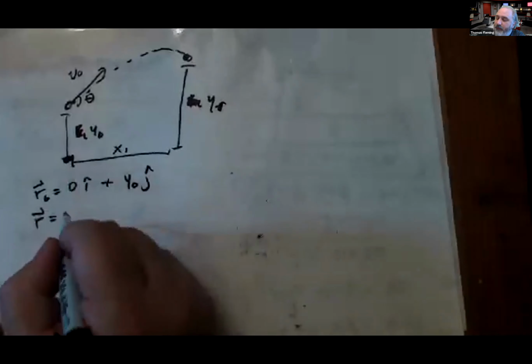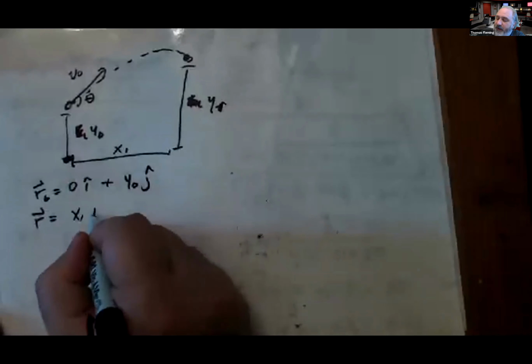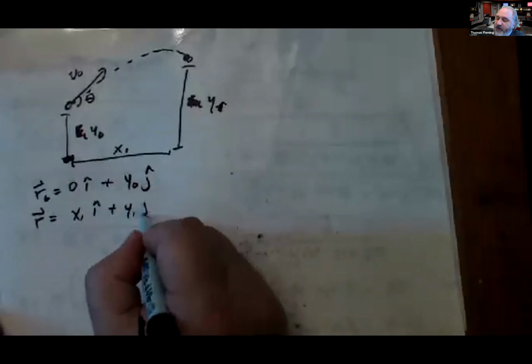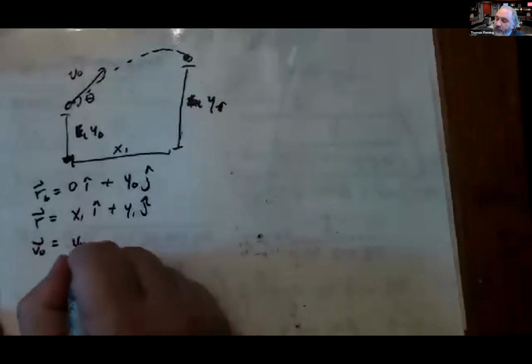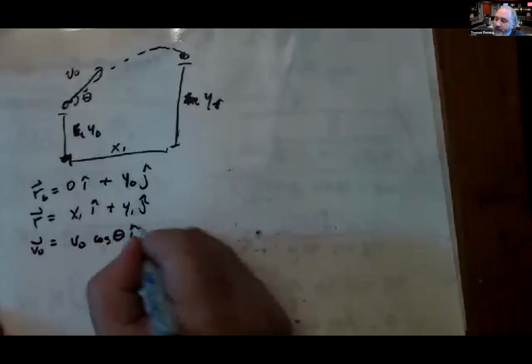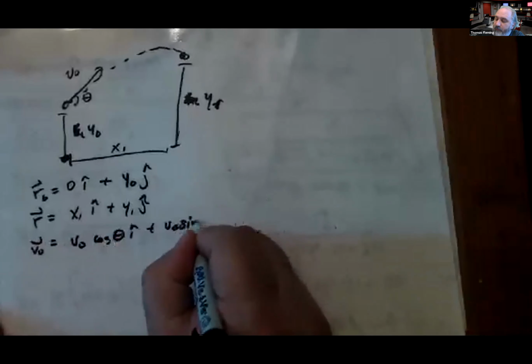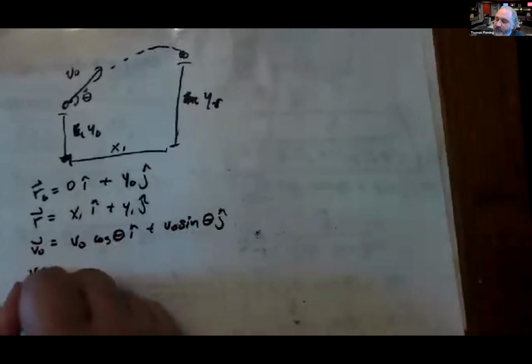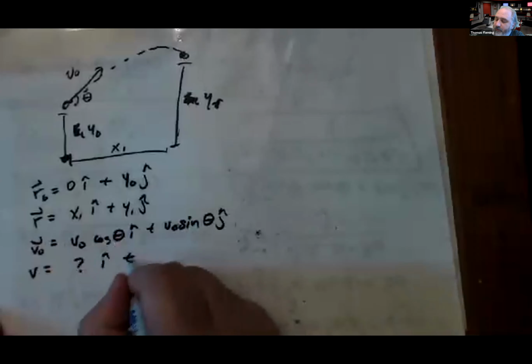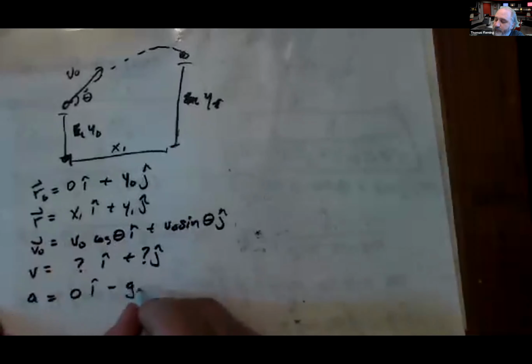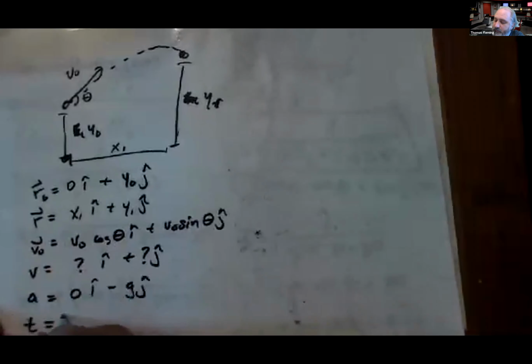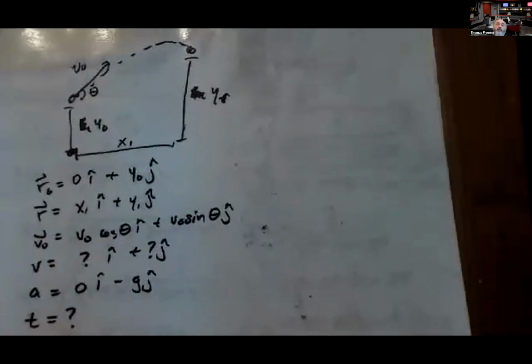This will be X1 i hat plus Y1 j hat, where X1 is this distance and Y1 is this distance. V initial is going to be V initial cosine theta i hat plus V initial sine theta j hat. The final velocity, don't really know anything. The acceleration, 0 i hat, negative g j hat. So that's going to be generally true for any projectile ever.